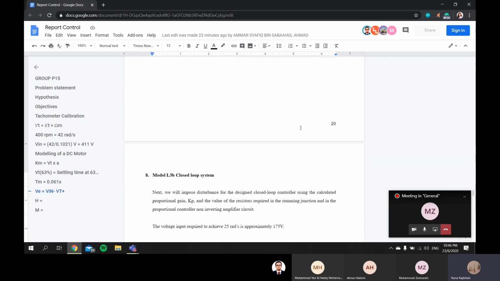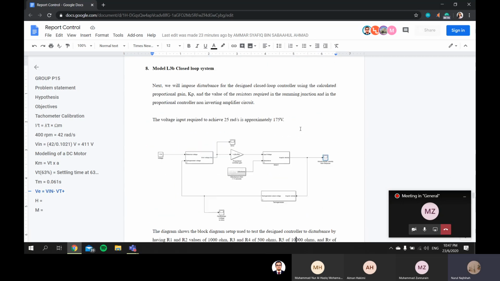Next, for the model L3B closed loop system, we will also use the closed loop controller that we designed, and we impose the same disturbance at time more than 5 seconds, using the calculated proportional gain Kp and other values of resistors required in the summing junction.